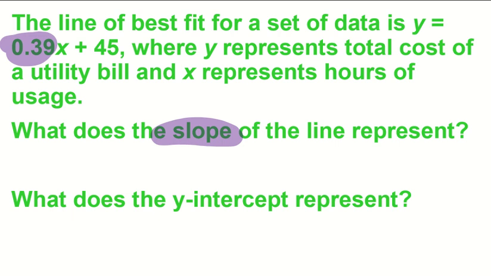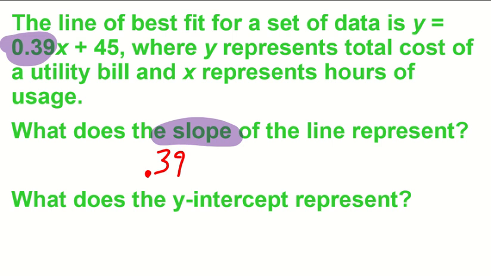All right. So what that means is our answer for what the slope represents is something about the 0.39, right? So we automatically got to have that part. Then what we have is, what's the y value mean? What's it say y means?